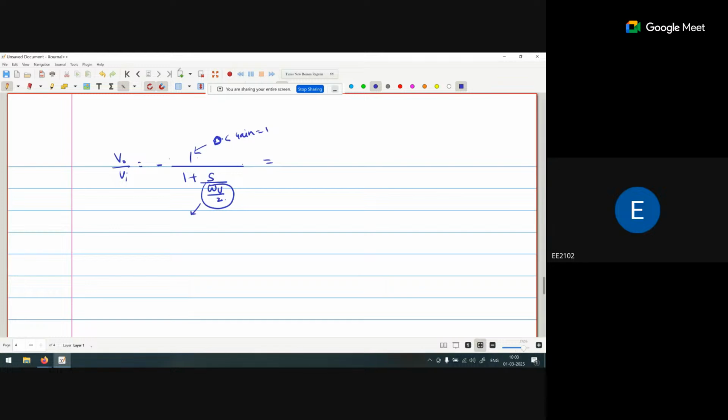Because the cutoff frequency is omega u by 2. So it becomes minus 1 upon 1 plus 2S by omega u. Clear? Any doubt?